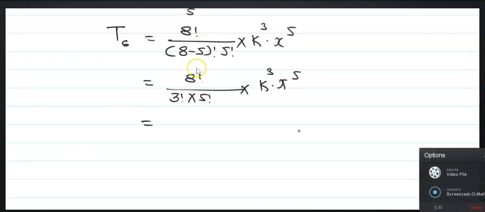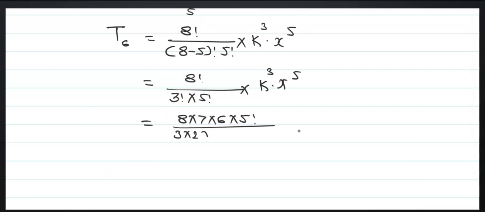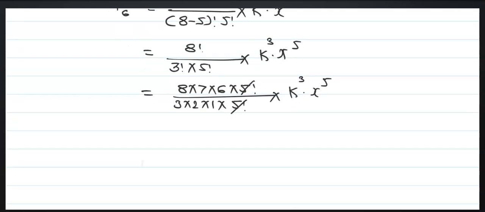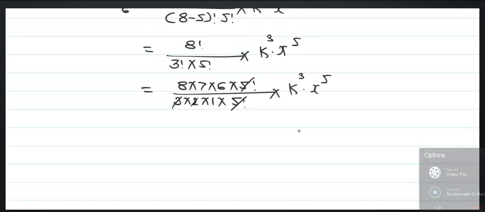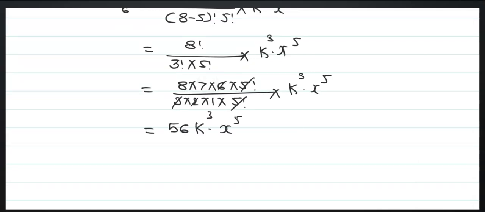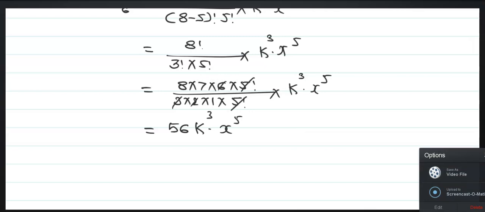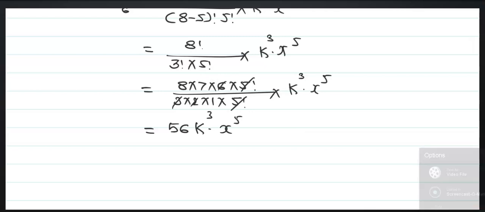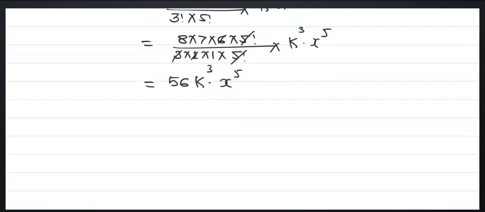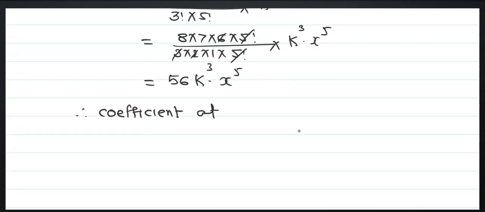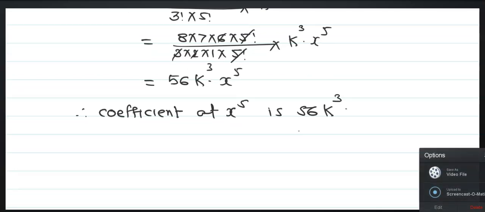That is 8 factorial upon 3 factorial into 5 factorial. Extend the 8 factorial up to the 5 factorial. Therefore, 5 factorial gets cancelled. Therefore, 56 k cube into x raised to 5. Therefore, the coefficient of x raised to 5 is 56 k cube.